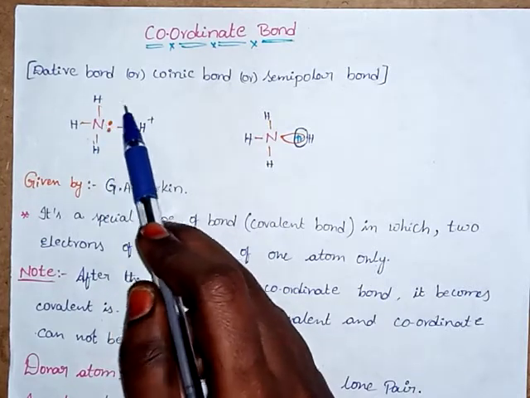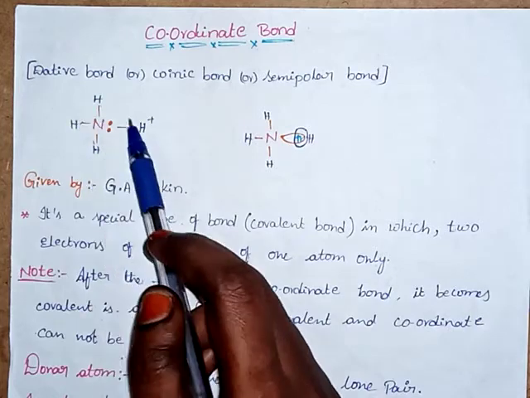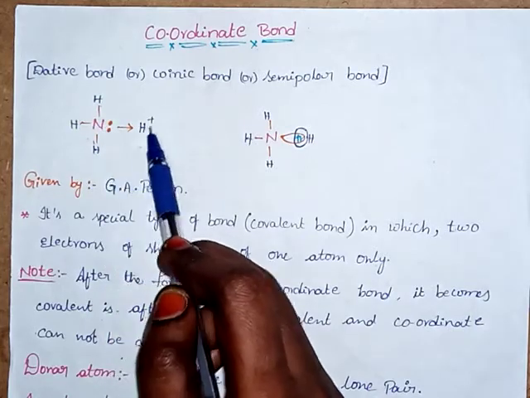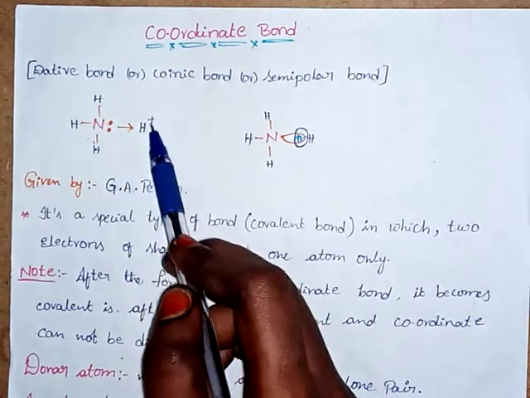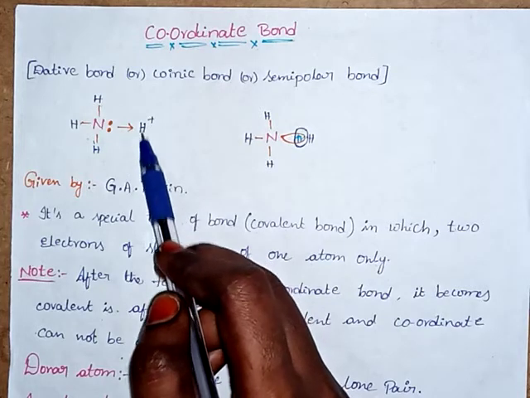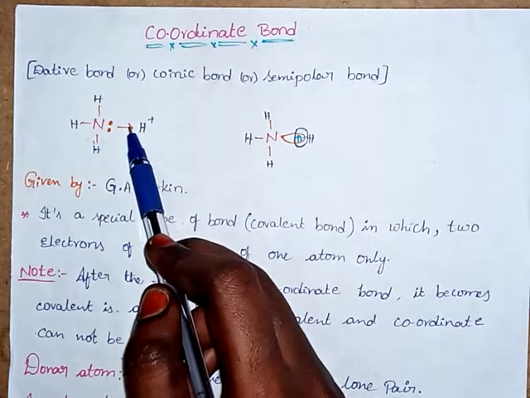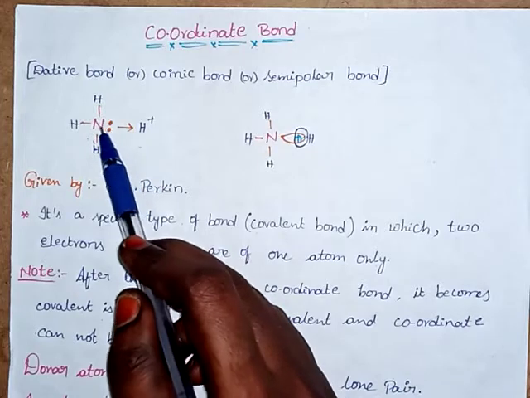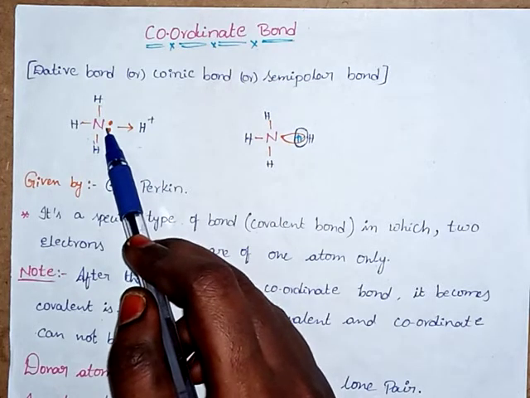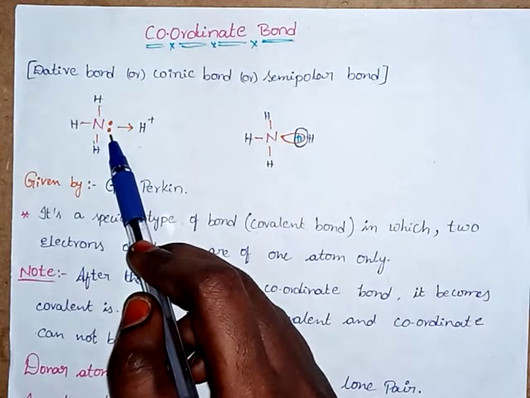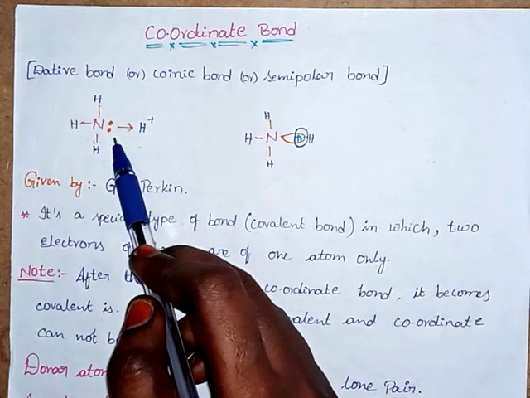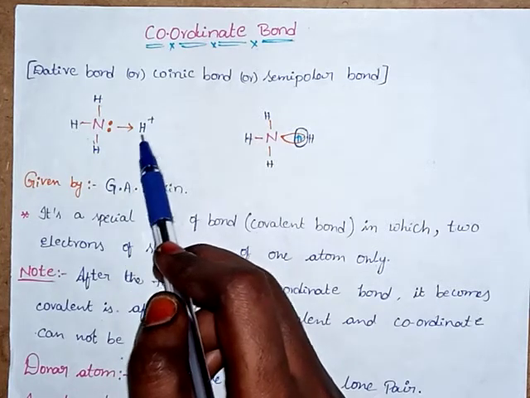So the nitrogen atom will donate these electrons to this hydrogen atom. Why? Because this hydrogen atom is vacant. So the nitrogen lone pair is ready to donate its electrons to the vacant orbital of this hydrogen ion.